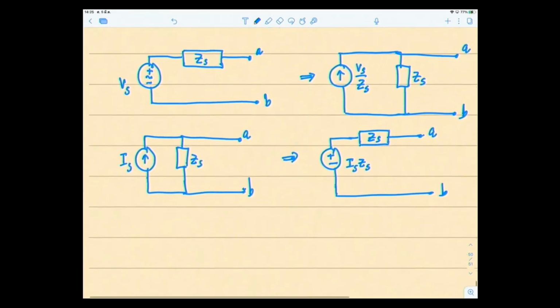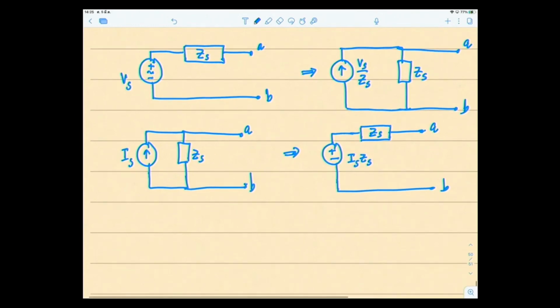So an example to this, example, if this is 20 angle minus 90 degrees volt.